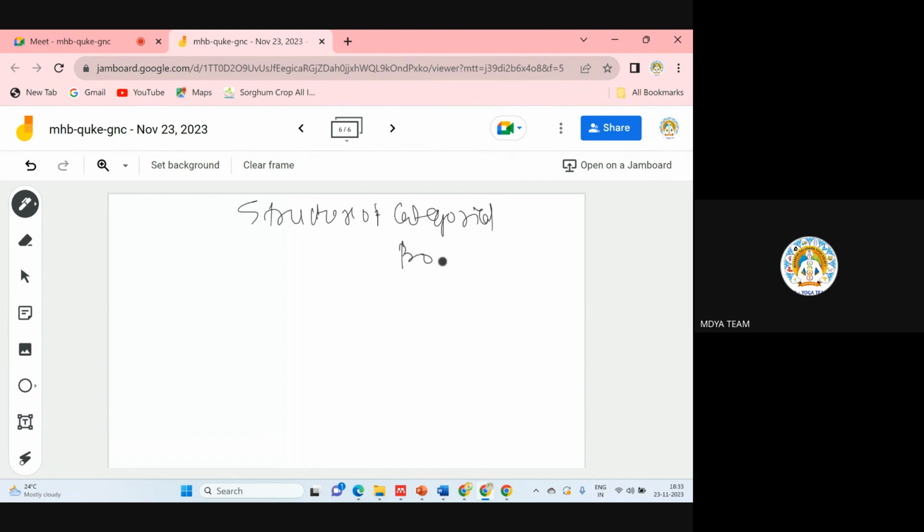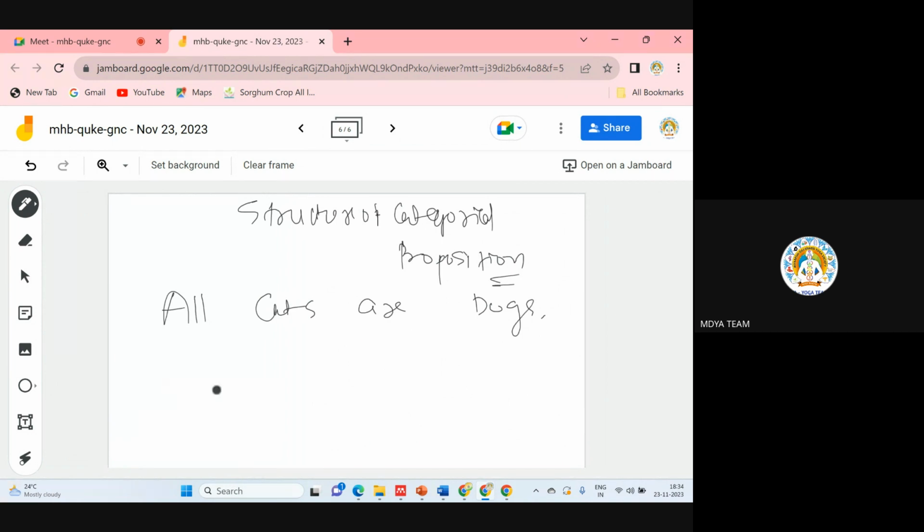Structure of a categorical proposition. Okay, so four things are there. All cats are dogs.